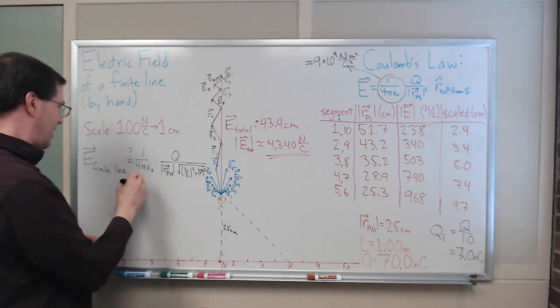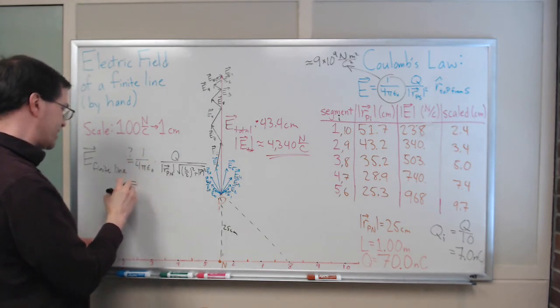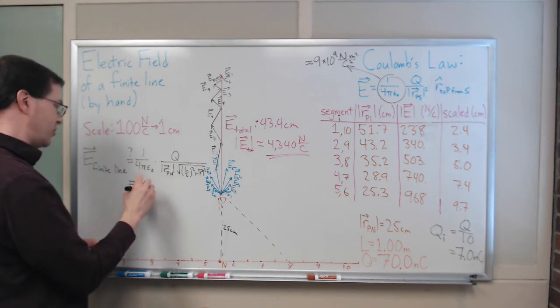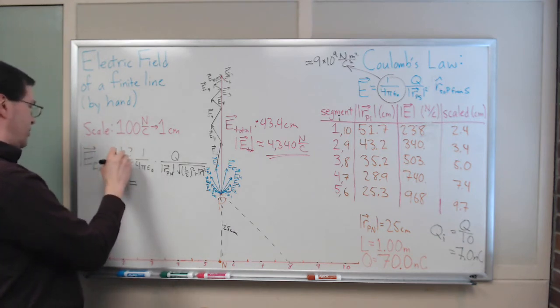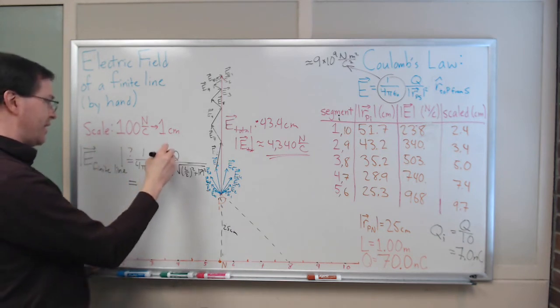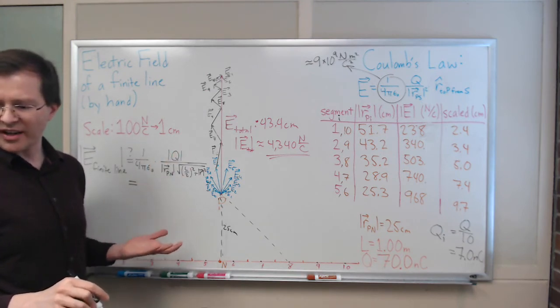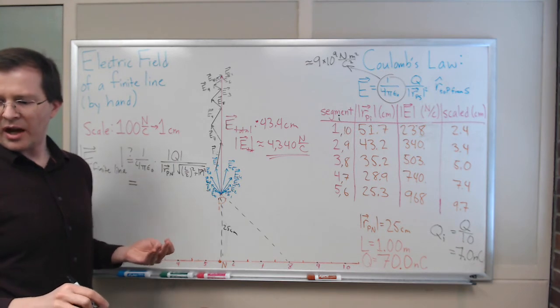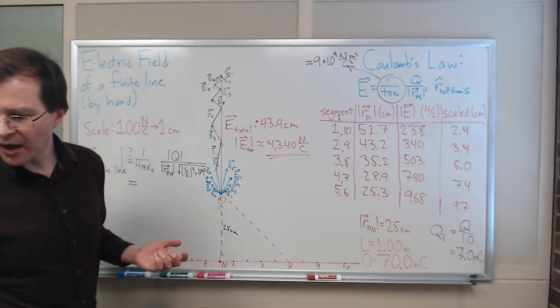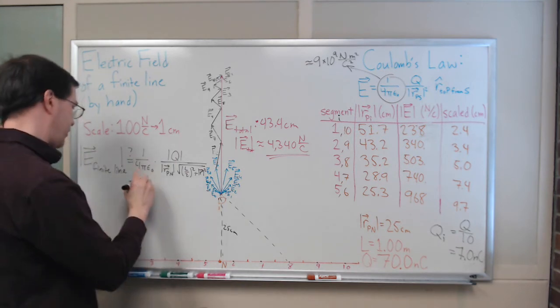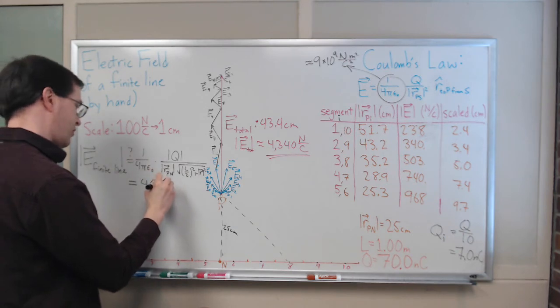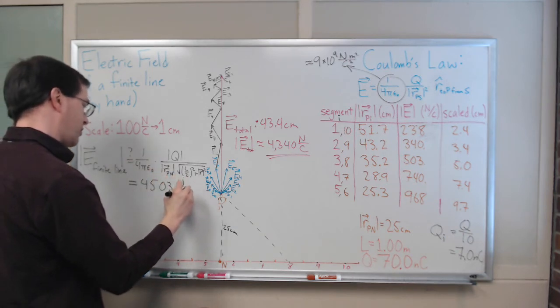Double check it. If I do that for our case, then the magnitude, absolute value of q, that I came up with doing this finite line calculation was, let's see, 4503 newtons per Coulomb.